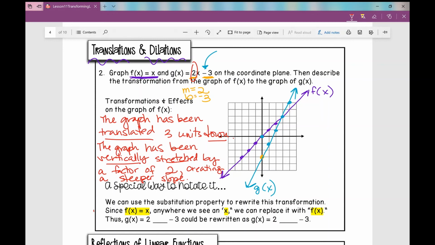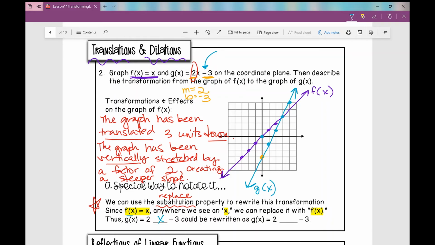So now let's look at this special way to notate this transformation. Again, we can use this substitution property, which just means we're going to replace something with something else. We can use the substitution property to rewrite this transformation. Since f of x equals x, anywhere we see an x, we can replace it with f of x. Thus, g of x equals 2x minus 3. And I got that from this equation up here at the top that says g of x equals 2x minus 3.